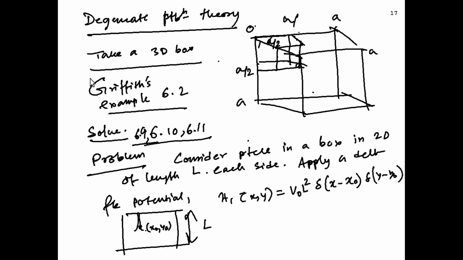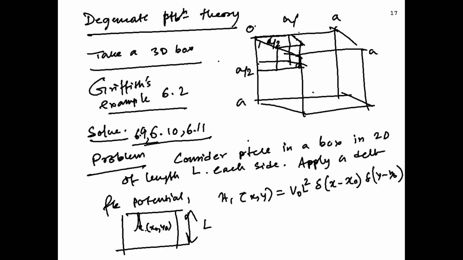This is a problem which is fully worked out in Griffiths, so I don't want to discuss it here. It is very simple, and you just apply step by step the rules of degenerate perturbation theory. After that you solve the problems in Griffiths, which are 6.4, 6.9, 6.10 and 6.11. They are pretty straightforward problems. So just solve them, and if you run into trouble, let me know. Then I will perhaps discuss them.